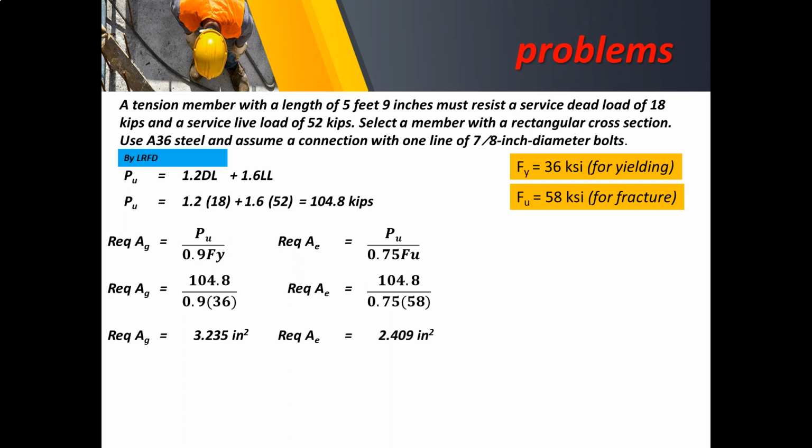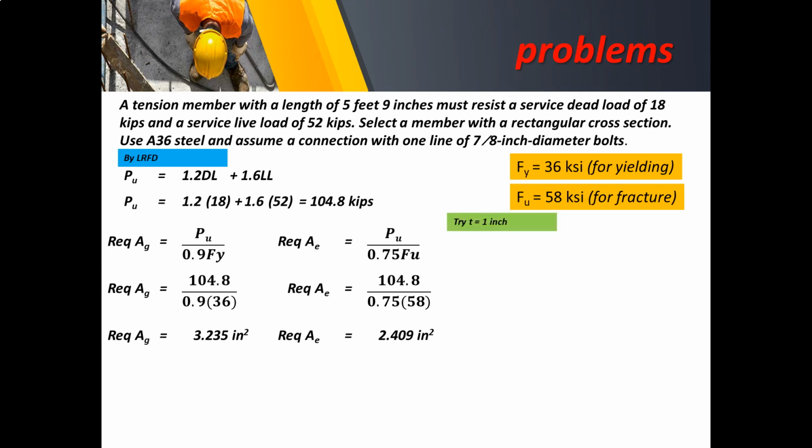Hence, we arrive at an effective area of 2.409. So when we select a certain member, we should have a gross area greater than 3.235 and an effective area greater than 2.409 square inches. That is the concept here.